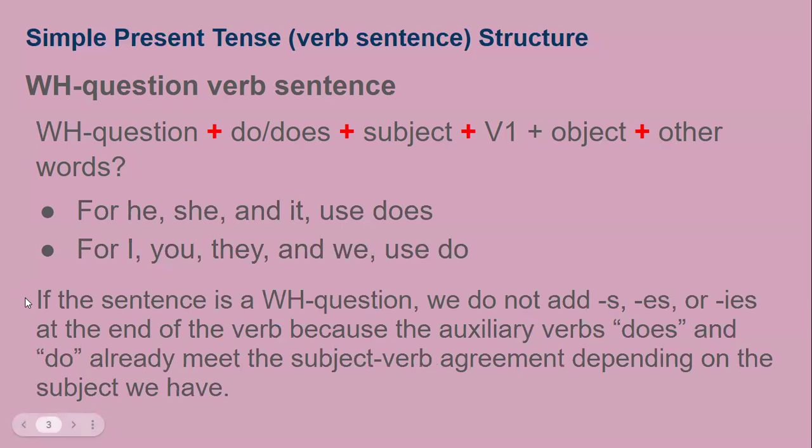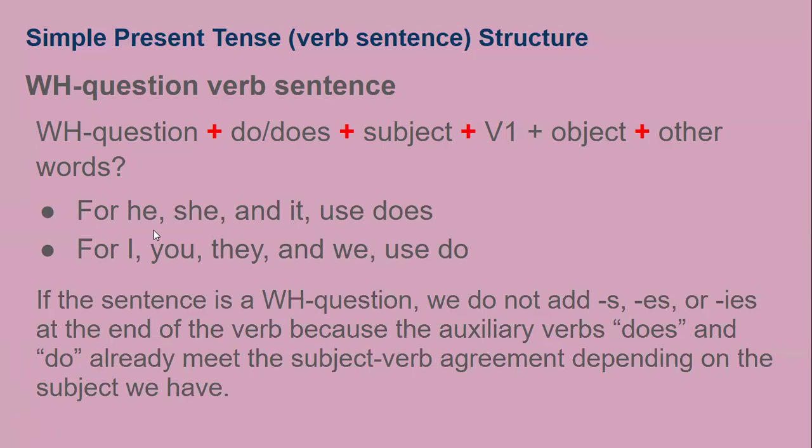If the sentence is a WH question, we do not add s, es, or ies at the end of the verb. Why? Because the auxiliary verbs does and do already meet the subject-verb agreement depending on the subject we have.